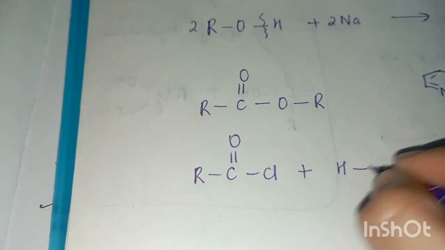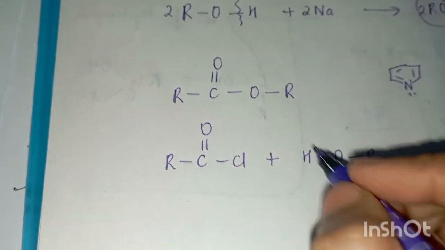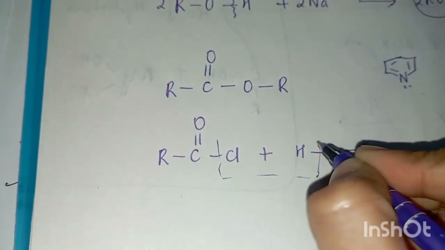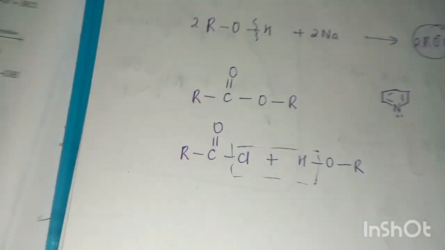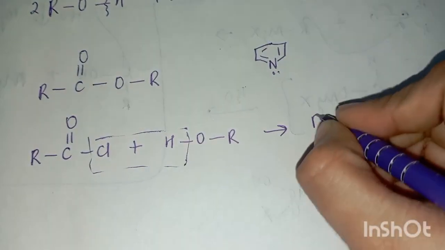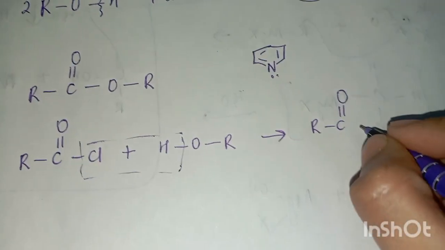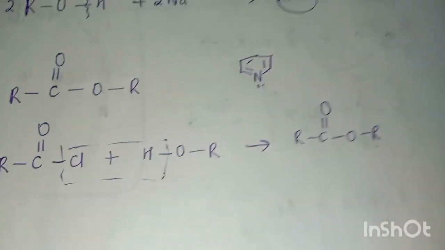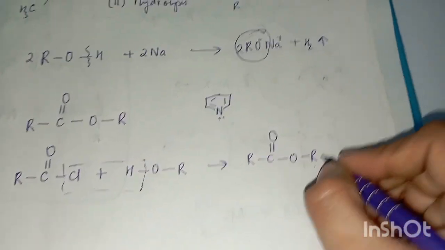On reaction with alcohol, that is ROH, what will happen? Formation of ester will take place. Now the byproduct is HCl.